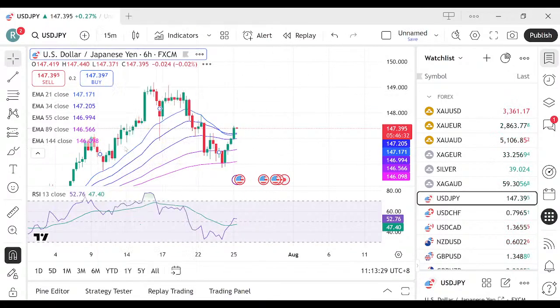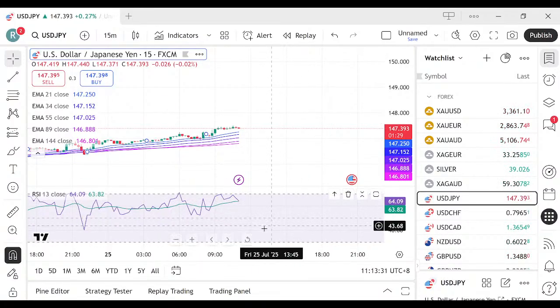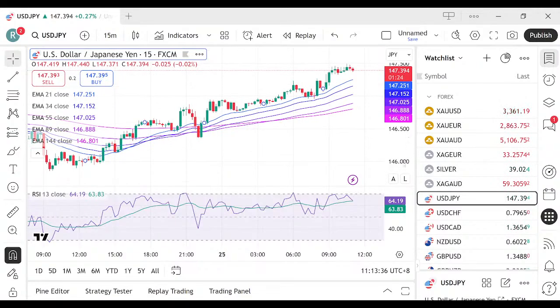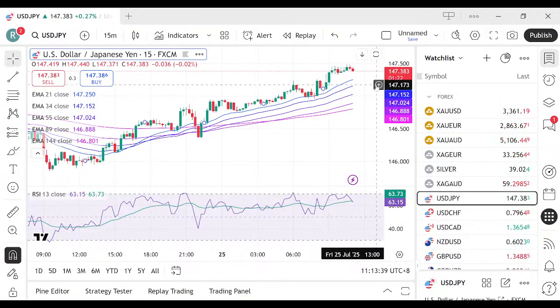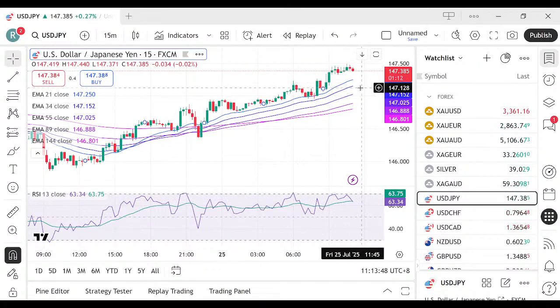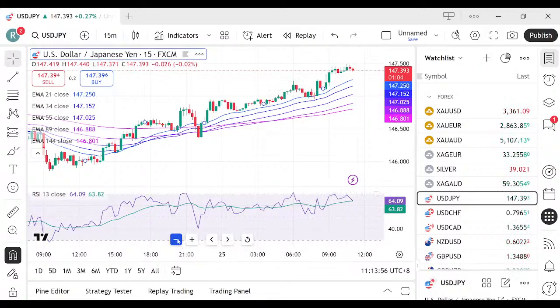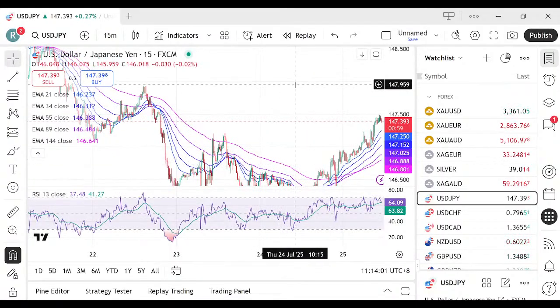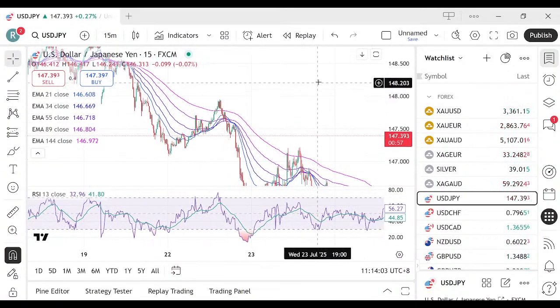So let's see the 15-minute, then we can decide how we want to place this trade. Right now the 15-minute looks overbought, so we are expecting some pullback. Hold on, okay, daily.